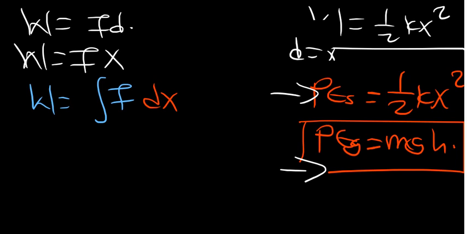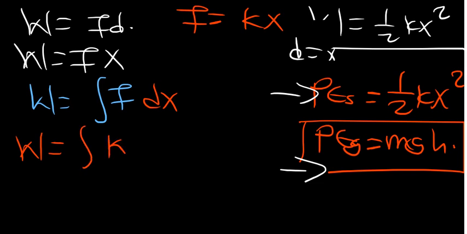So now what I'm going to do here is replace F with kx, because the resultant force is given by kx. So I'll say the work done will be equal to the integral, where there is F, I'm going to put kx. Then I have the dx. So I'm integrating this with respect to x, but k is constant.